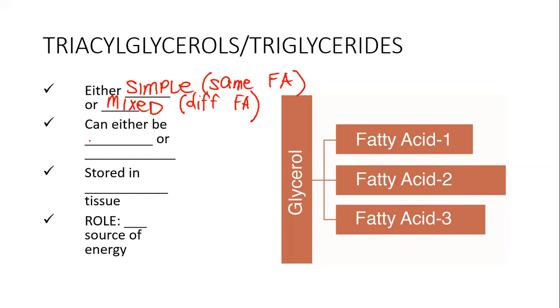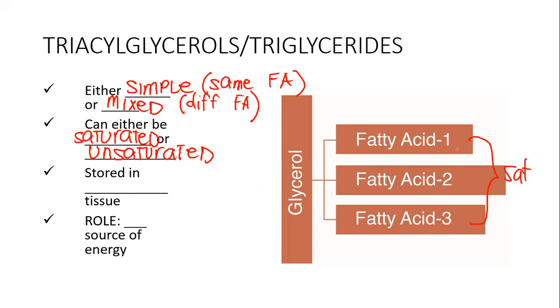Another classification is that TAGs can also be classified as either saturated or unsaturated. So class, when we say saturated triglycerides or TAGs, okay, the three fatty acids are all saturated, whether they are of the same or different fatty acid.